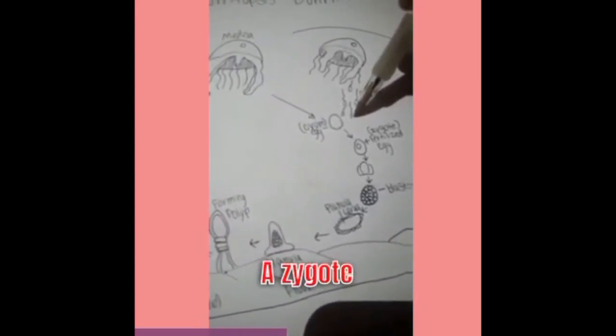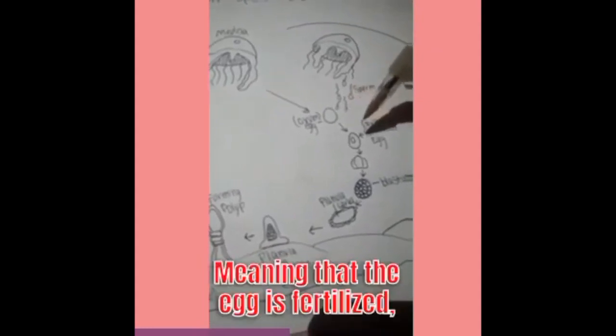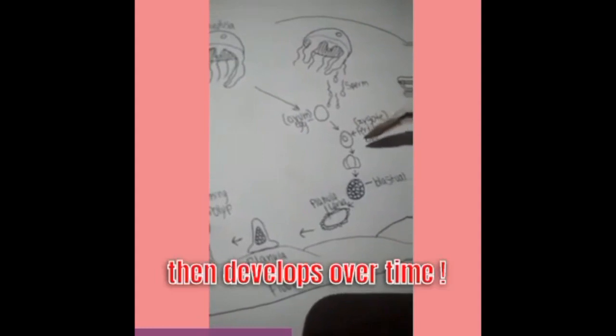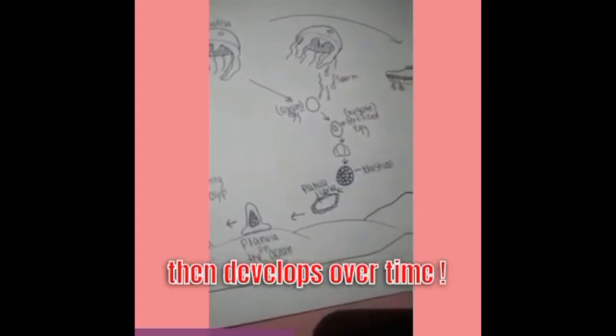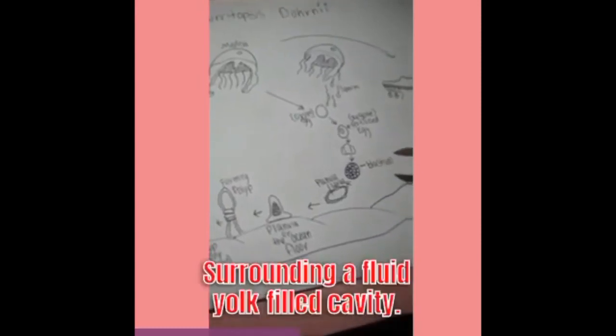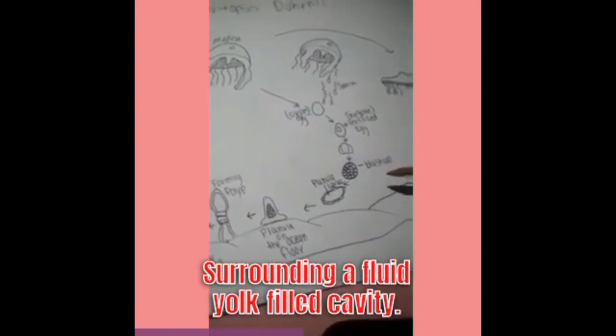A zygote is then made, meaning that the egg is fertilized, then develops over time, forming into a blastula, a spherical layer of cells surrounding a fluid yolk-filled cavity.